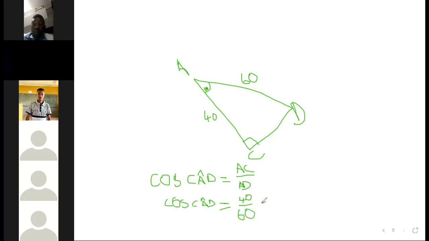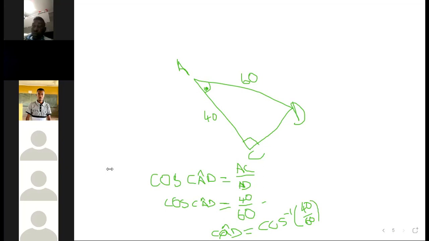So CAD is going to be the arc cos of 40 over 60.